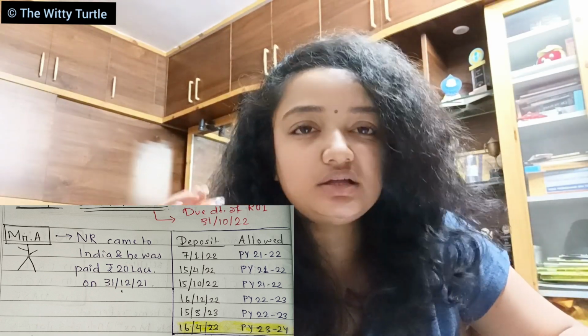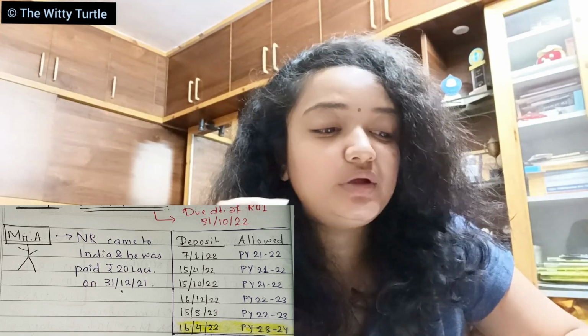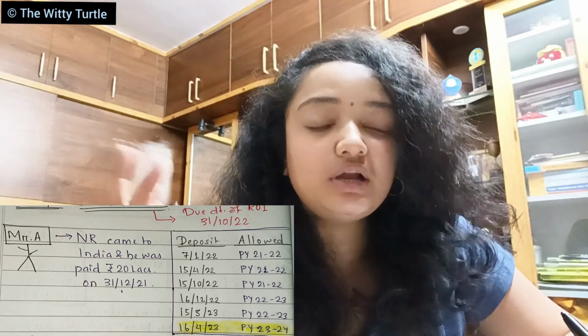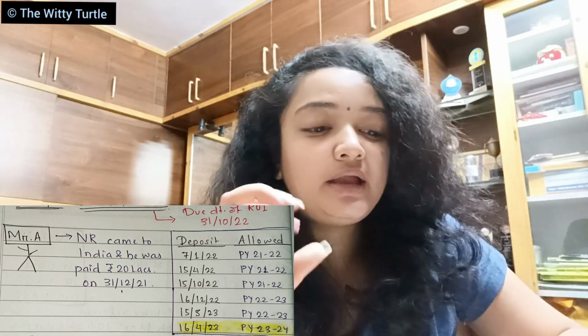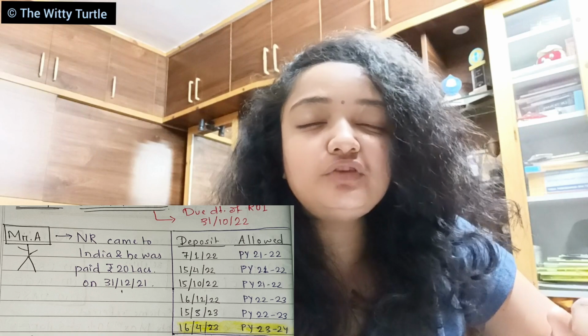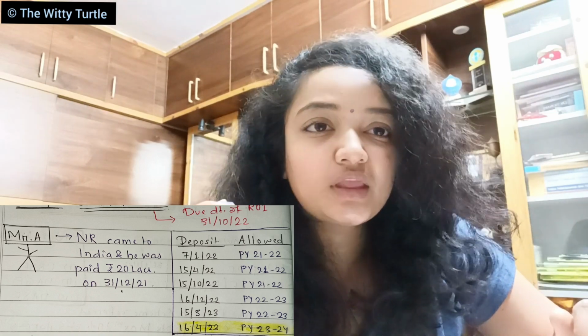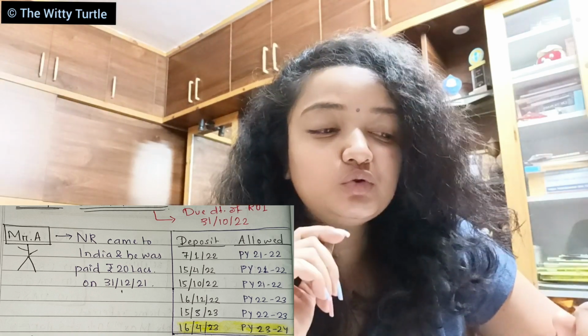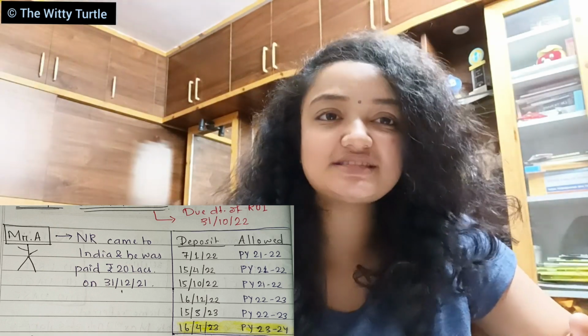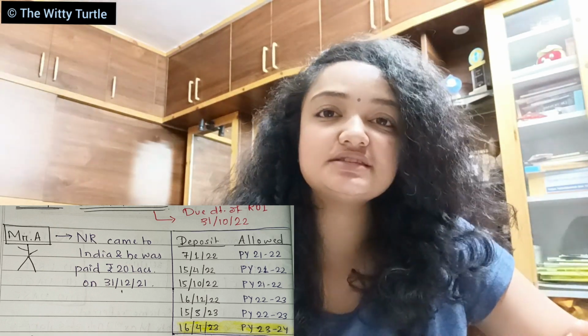Now look at the chart on the right side, where the deposit date is given, and you have to decide whether it will be allowed or not. The point to be noted is that the due date of return filing is 31st October 2022 for the assessee, and in this case the assessee is a company.